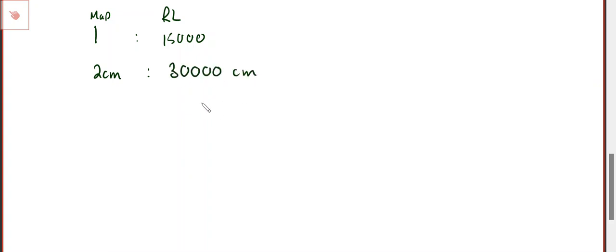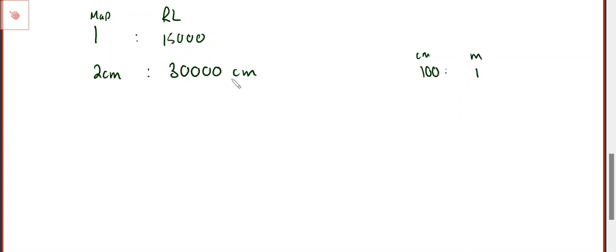Now we don't tend to measure that many centimetres in real life. What do we do? We convert it to metres or so. So how many metres is 30,000 centimetres? Well, 100 centimetres is 1 metre.